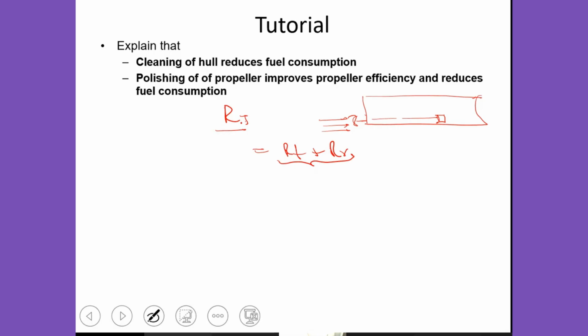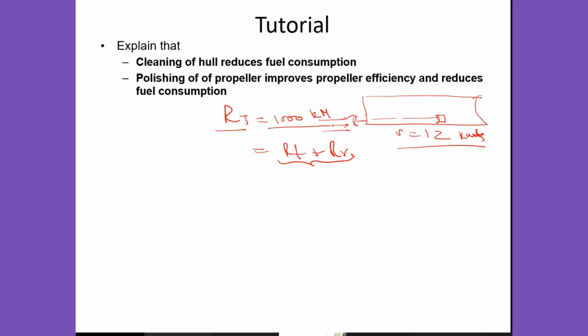Now, resistance is a force. Let us say, just for example, a vessel is moving at 12 knots, because the resistance is dependent on speed. So if the vessel speed V is 12 knots, and let us say the resistance is 1000 kilonewton.